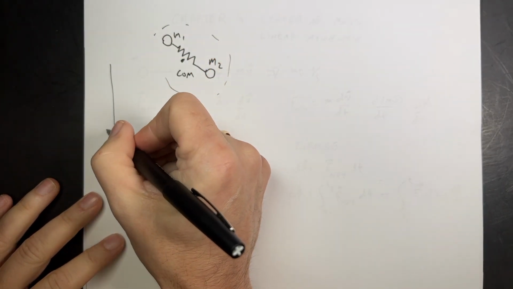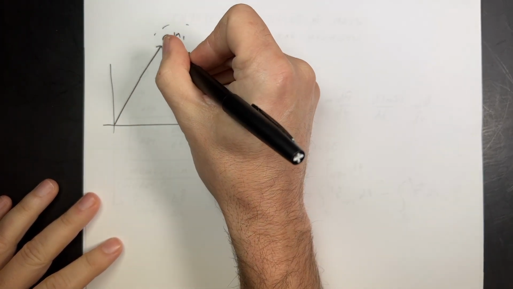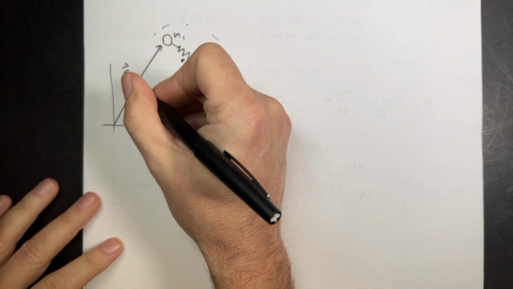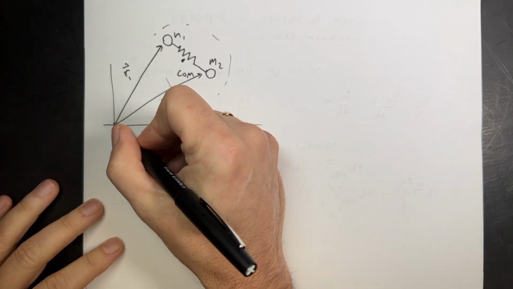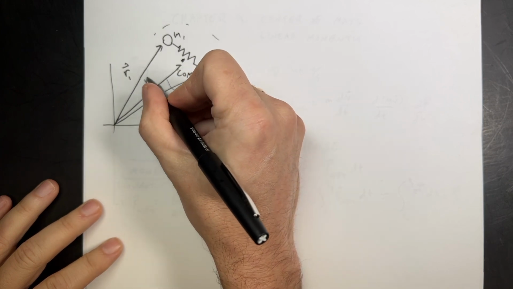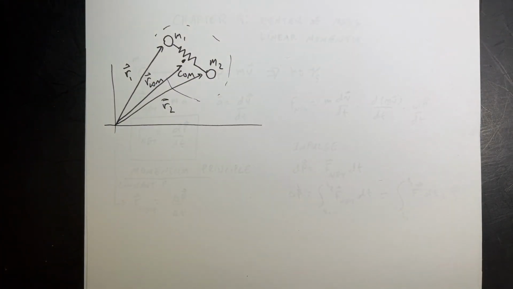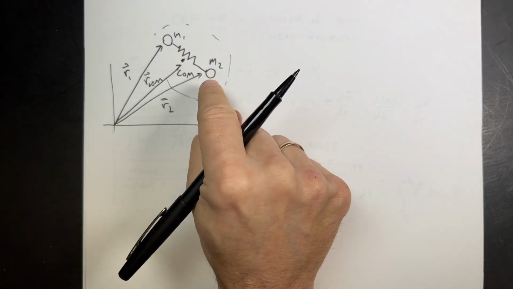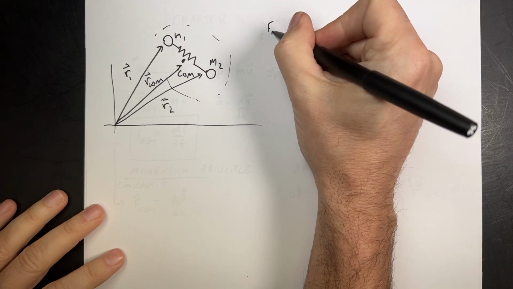And so let's just think about it this way. I could have my XY axis, I could have the position of M1 as R1, the position of M2 as R2, and then the position of the center of mass as R COM. And let's just say there's no net force, F net is 0 on the system.